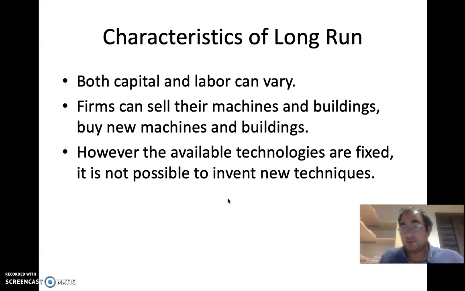And whatever production level it chooses, it will have a type of infrastructure and machinery that fits perfectly with this production level. So whenever it decides to produce a little bit more or less, it will at least modify its infrastructure, building and machinery to some extent to produce that additional quantity, that needed quantity level, in a more efficient sense.